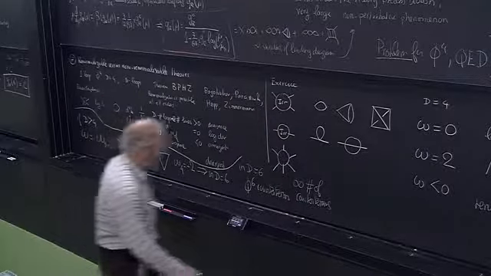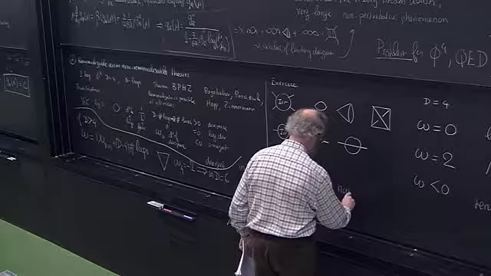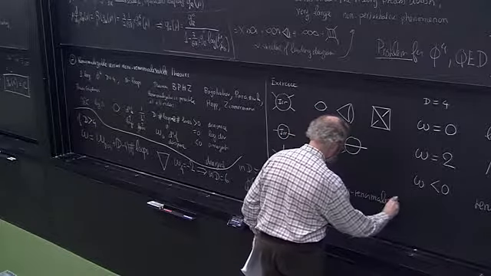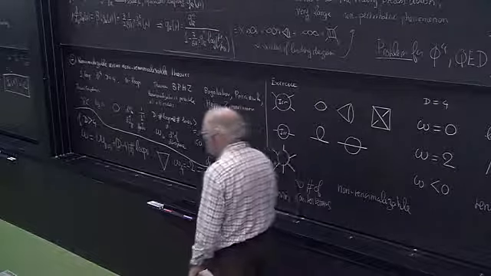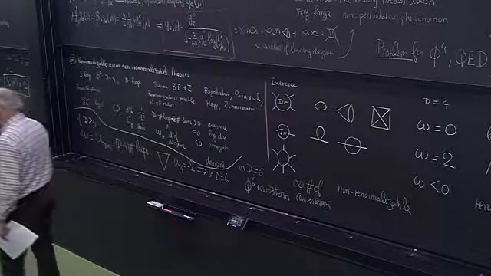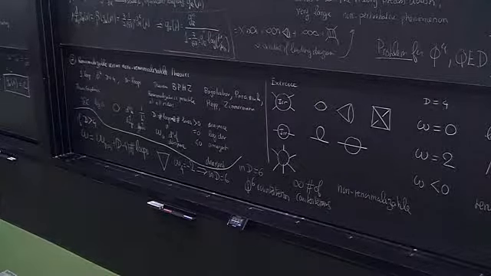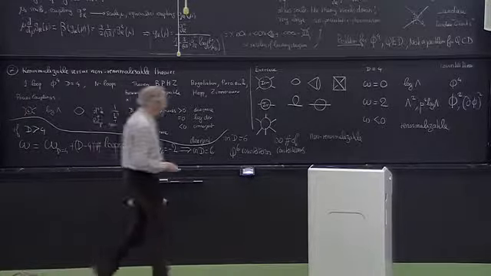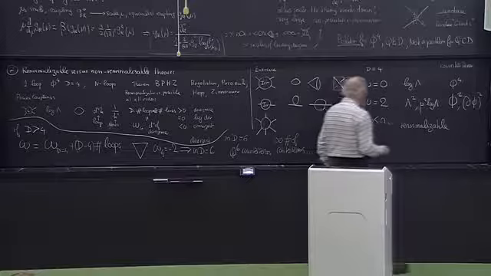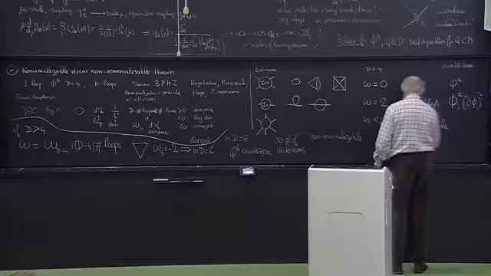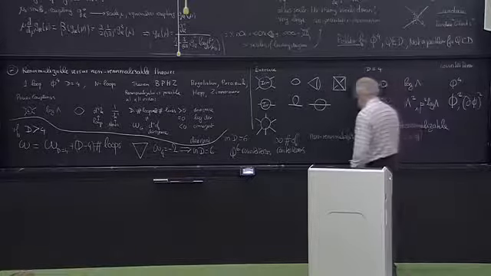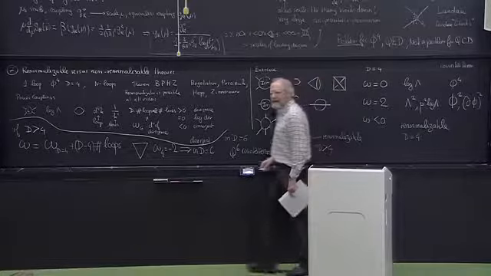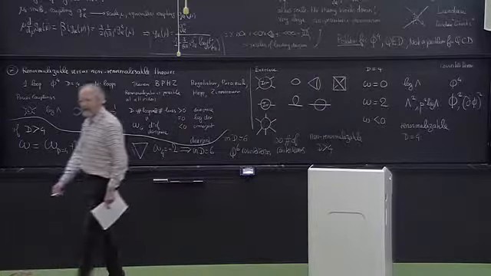So in this case, the theory is said to be non-renormalizable. And the framework of mastering the ultraviolet singularities by perturbation theory fails. Okay, so phi 4 theory is renormalizable in d equals 4. It is non-renormalizable if the dimension of space is more than 4.